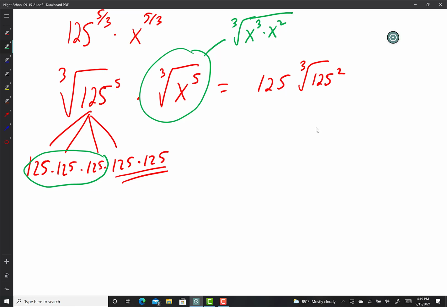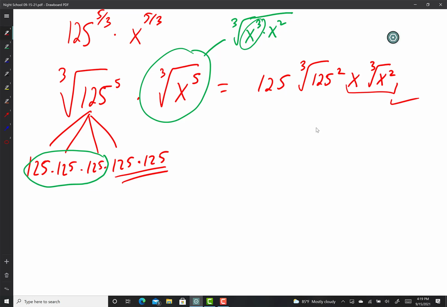Are we okay so far? Did I mess anyone up? Okay. So check it out. On this one, the only one you can take out, I'm going to have x and then cube root of x squared. And the x's don't simplify anymore, so you're done with those. Check mark on that. Cool?